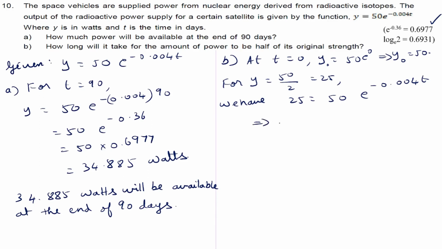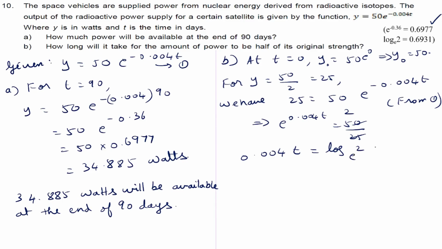Let us cross multiply. Let us take the given model as 1. This is from 1. e^(0.004t) equal to 50 by 25. It is 2. If we take log on both sides, we get 0.004t equal to log 2 to the base e.